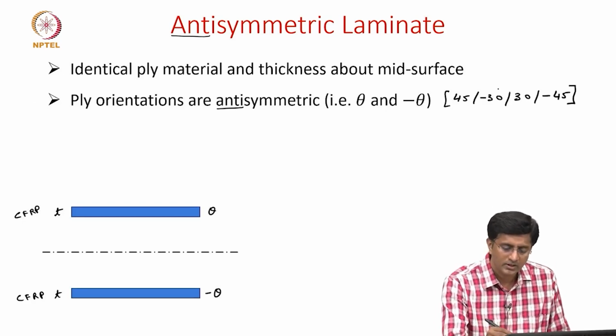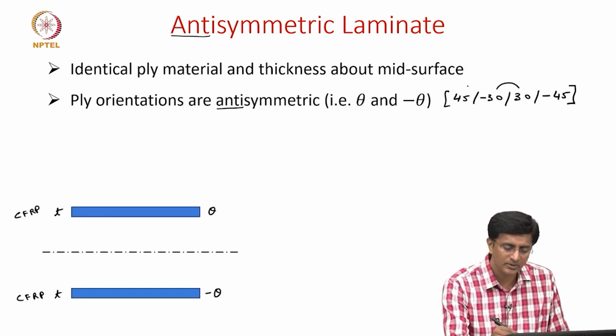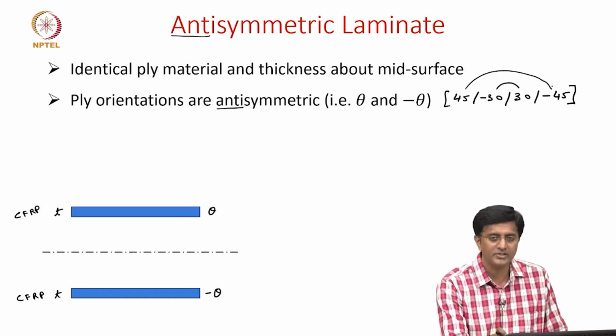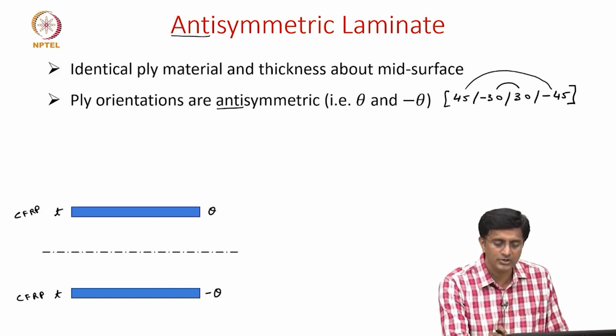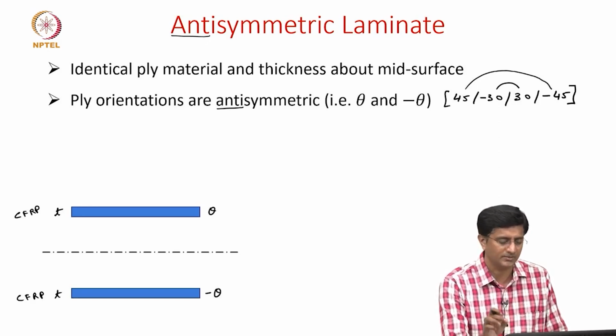Here we see that minus 30 and 30 are anti-symmetric orientations, and similarly 45 and minus 45 are again anti-symmetric orientations. What is symmetric here is that we are assuming that both the 45 and the minus 45 are made of the same material and are of equal thickness. The same goes for the layers minus 30 and plus 30.